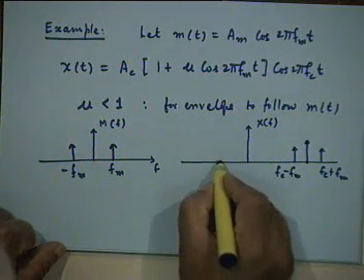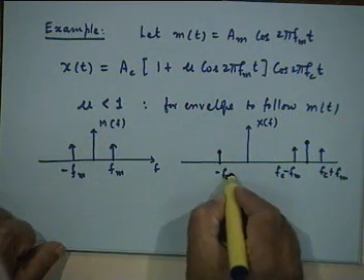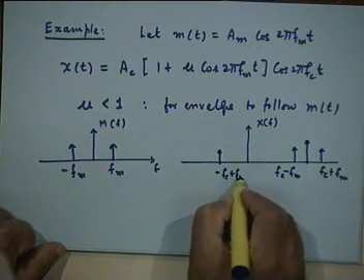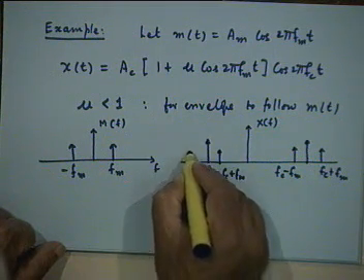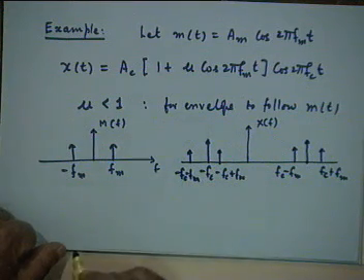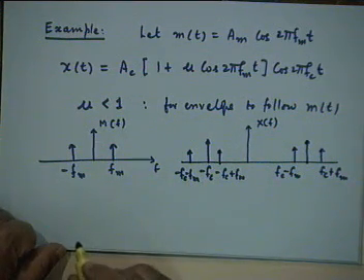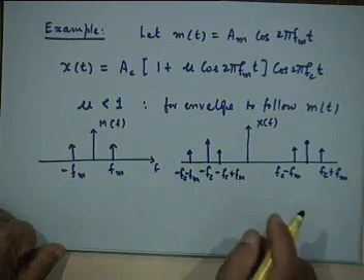Similarly, there will be components at minus fc plus fm and minus fc minus fm, right? This is what the spectrum will look like for this signal.